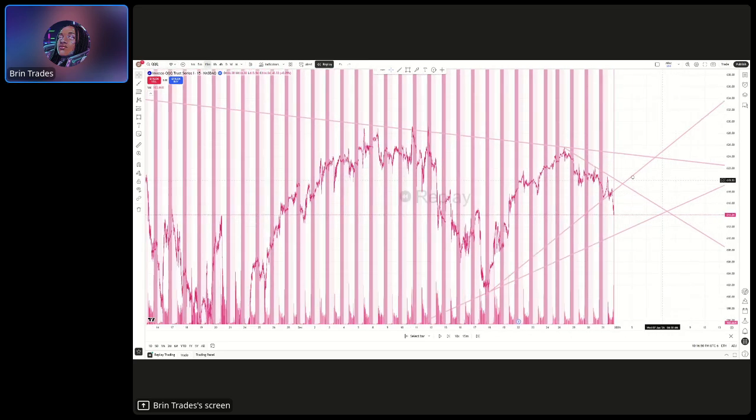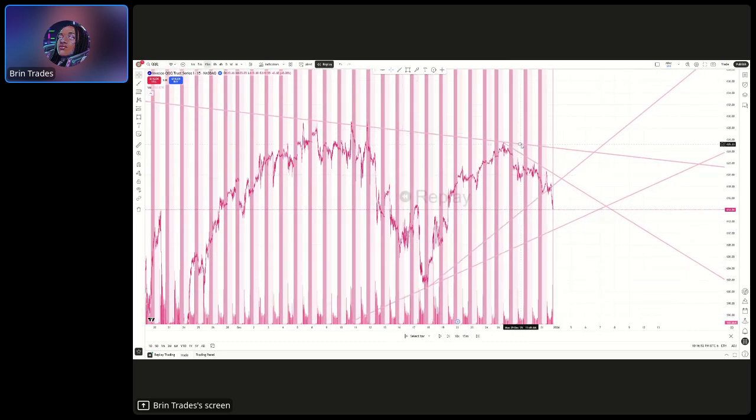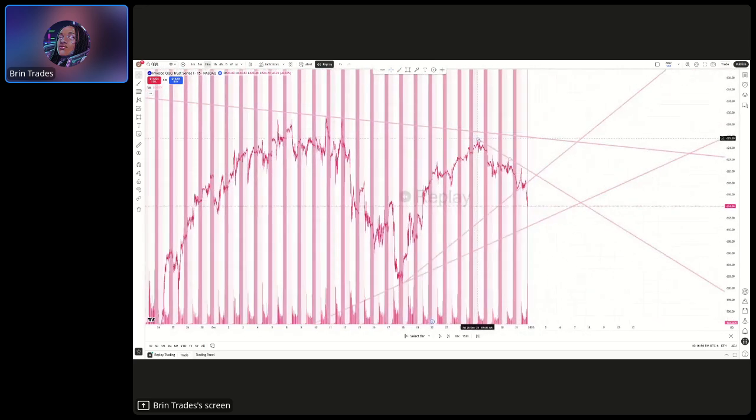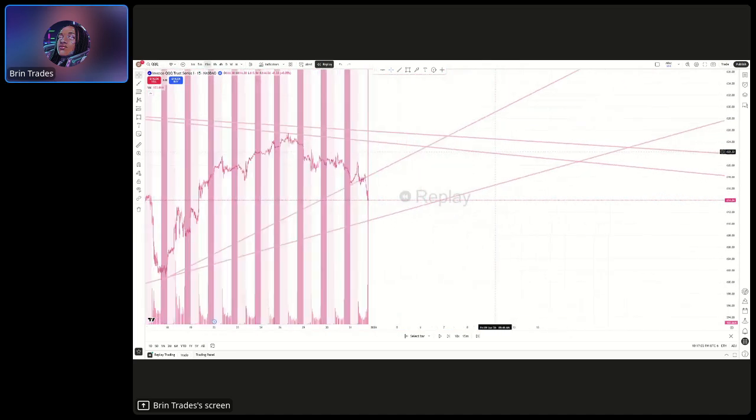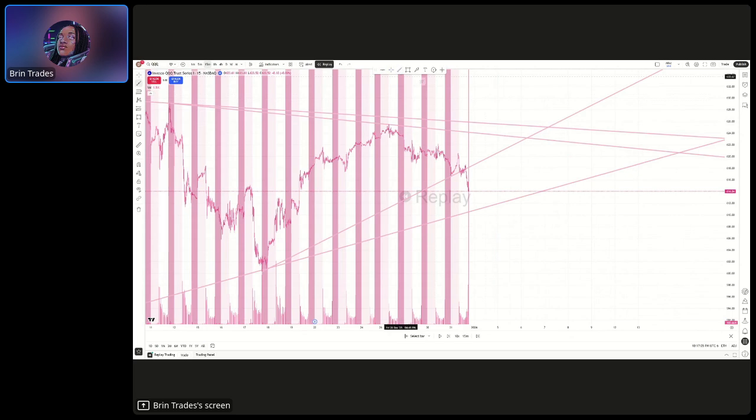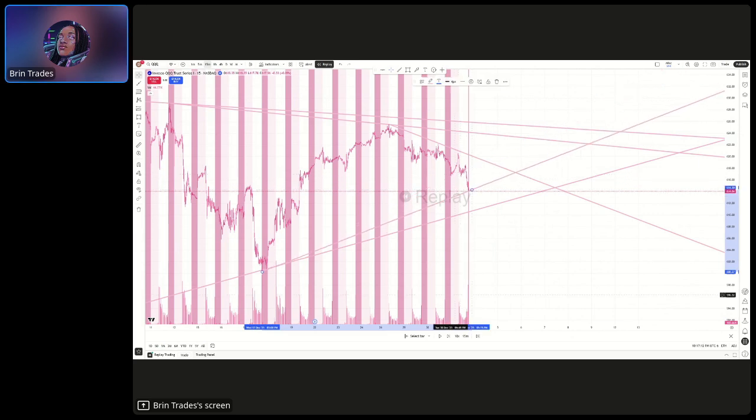Because we see that in this moment, the market was having lower lows. This is when the market started to have lower lows. Here, we're beginning to draw more trend lines to the downside and clearing the trend lines to the upside.